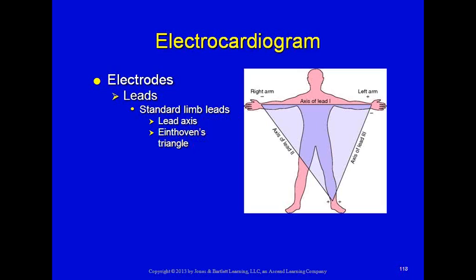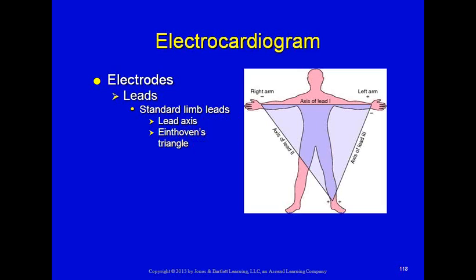Here's a diagram that identifies the axis of the leads, and this triangle is known as Einthoven's triangle, and it just identifies the polarity of the leads depending upon which one you're looking at.